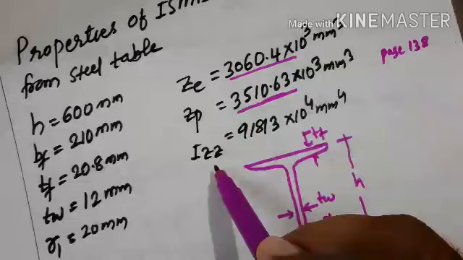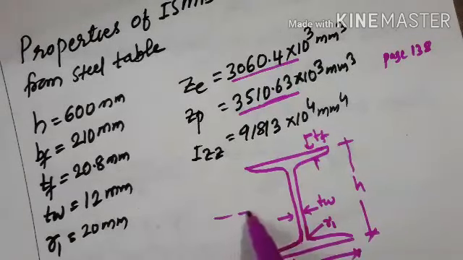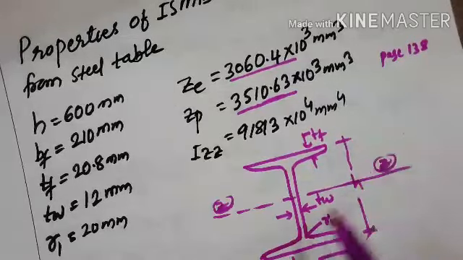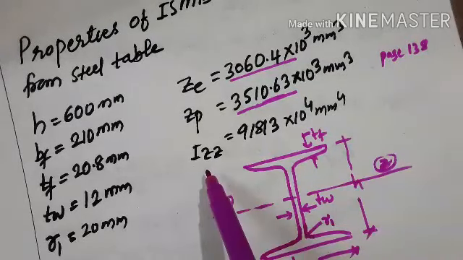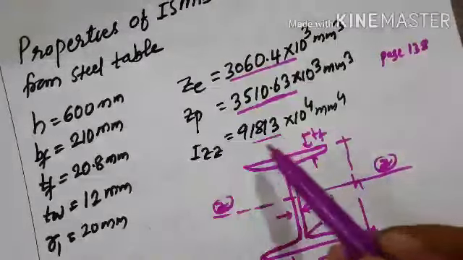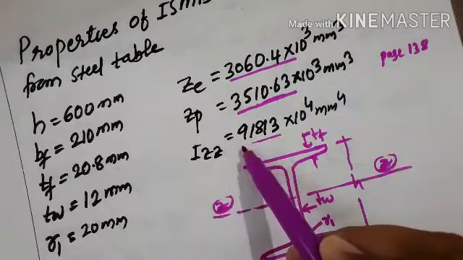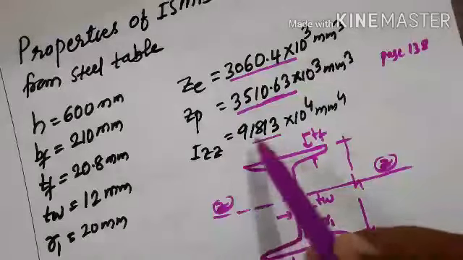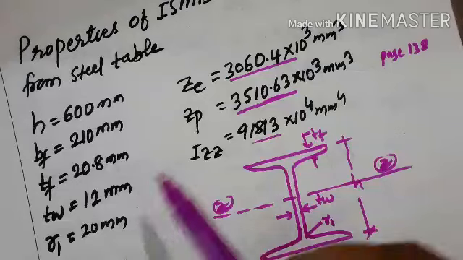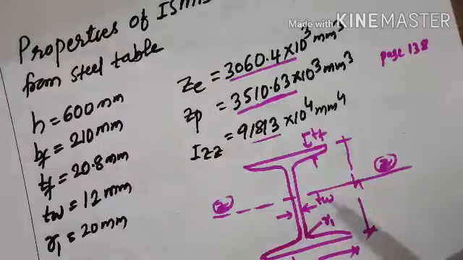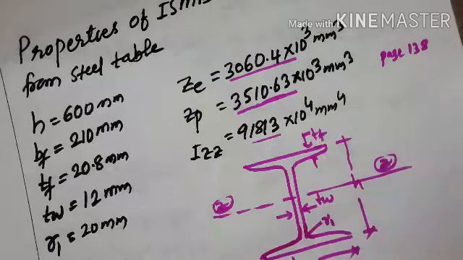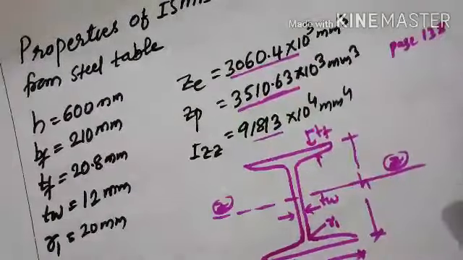Then also the moment of inertia: this is the major axis, the z axis, and the moment of inertia about this axis, that is Izz, is also required when we check for deflection. So first list all the properties of the section by referring to the steel table or IS 800 2007 page number 138. Just note down all the properties.